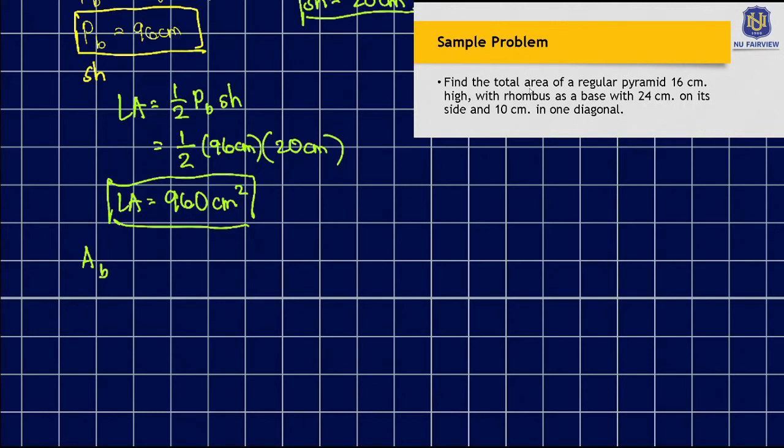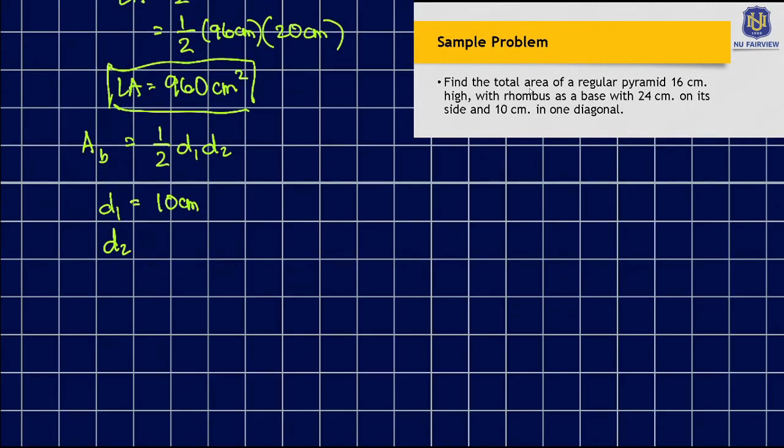Now, knowing that this is a rhombus, ang formula po natin ng area ng rhombus is 1/2 D1, D2. So, yun yung diagonal. Given po yung ating diagonal 1, so alam natin na ang diagonal 1 natin is 10 centimeter. However, hindi natin alam yung D2.